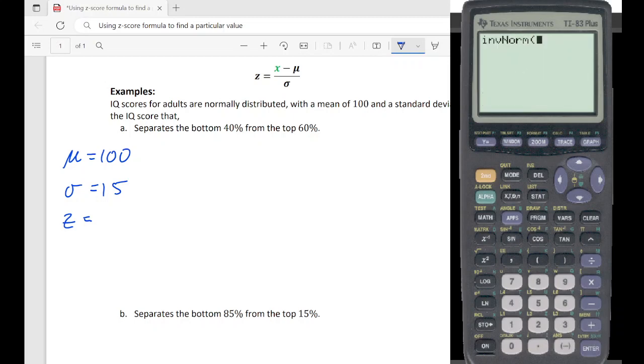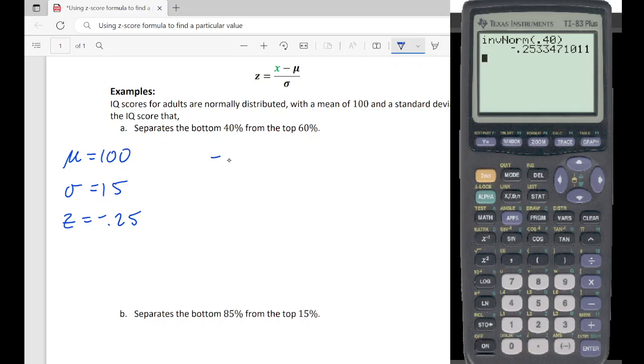Since we know the bottom percentage is 40%, we can type in 0.40 for area and hit enter, and we get a z-score of negative 0.25. So that's our z-score.